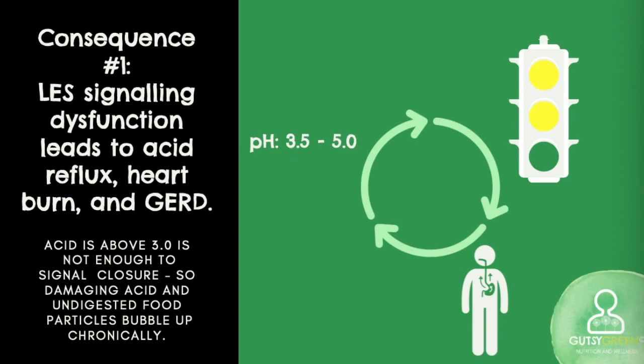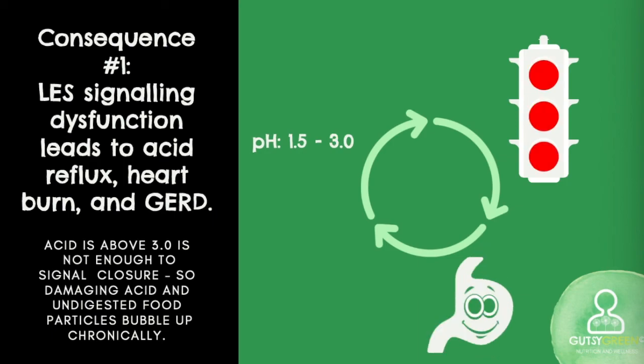It's a classic case of too hot, yet not hot enough. It may be counterintuitive, but restoring acid levels back to proper pH kicks this signaling back into gear and allows the LES to start closing when it's supposed to. The answer for these populations is actually more acid.